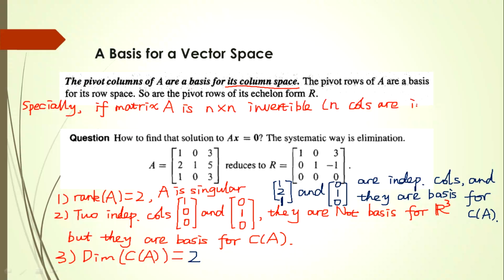The n columns of the matrix A are independent. Then the n columns, which are all pivot columns, are a basis for Rn.